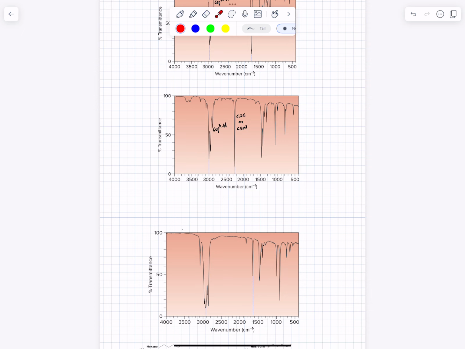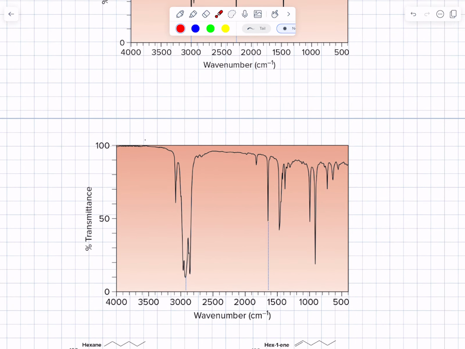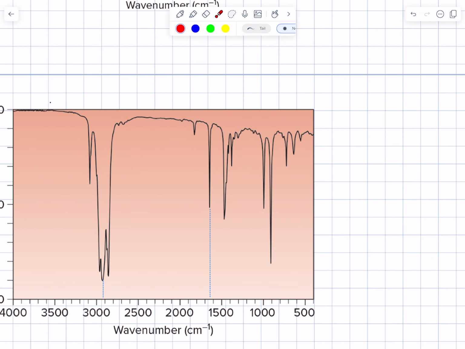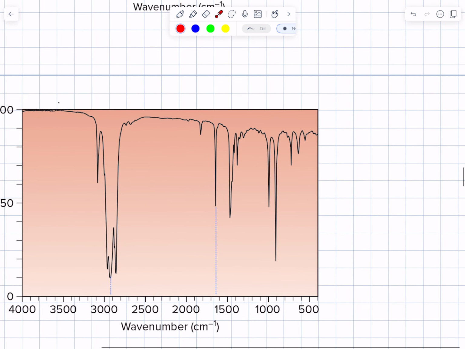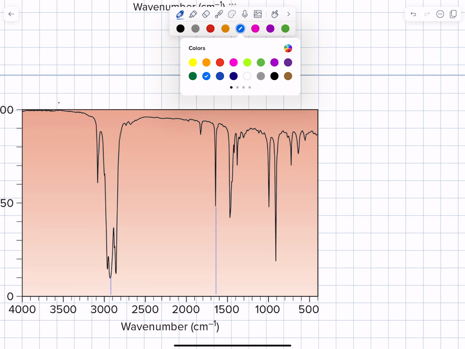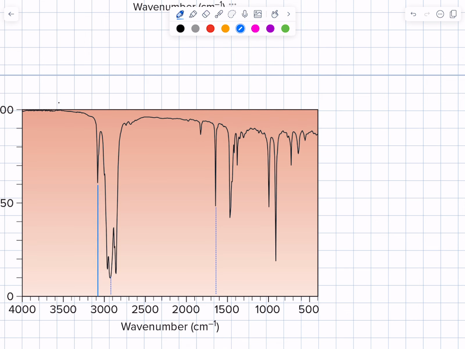Let's see. Oh, I think we've already done one like this. Here, the major features again to the left of the fingerprint region are this one around 1600 inverse centimeters. That combined with this peak that's around 3100 suggests to me some kind of alkene.